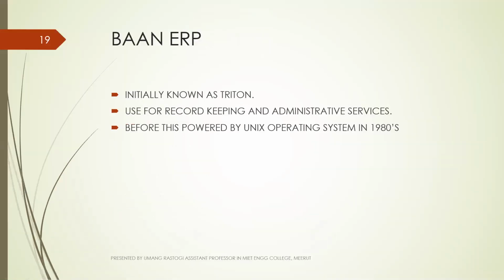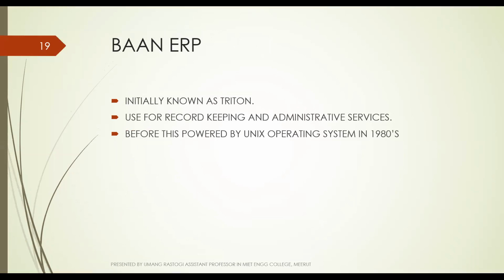Next, BAAN ERP. At its core, the BAAN software suite focused on corporate record keeping and administrative services. Initially known as Triton, BAAN was a modular software suite offering numerous small programs that companies could purchase to suit their individual needs.